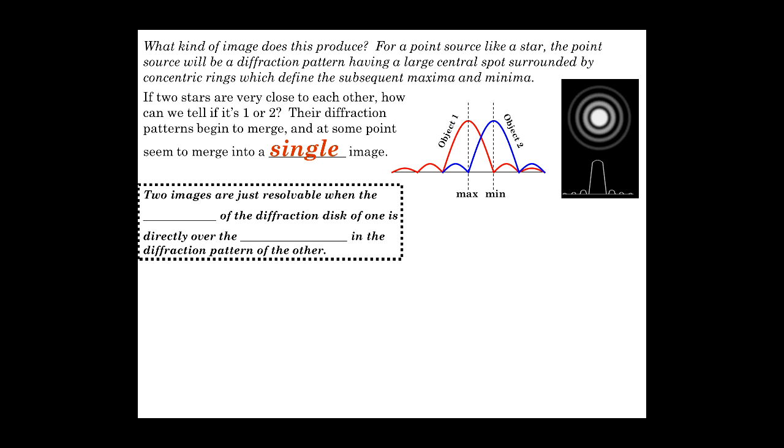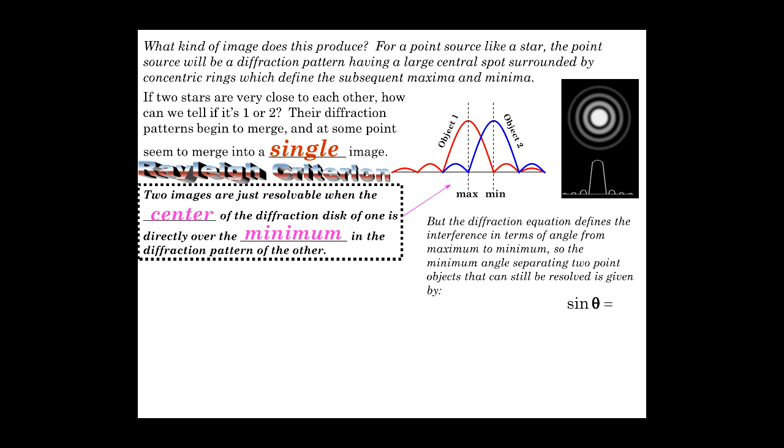It spreads out because of diffraction. So the images are resolvable when the center of the diffraction disk of one, the center of this one, ends up being directly over the minimum of the other. That is called the Rayleigh criterion. And so that is how we define the resolvability of the stars. And it tells you what angle in the sky they can be separated from each other.